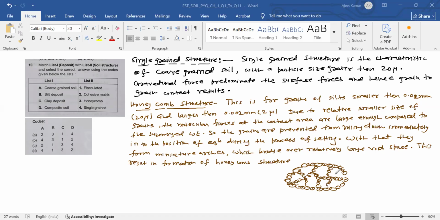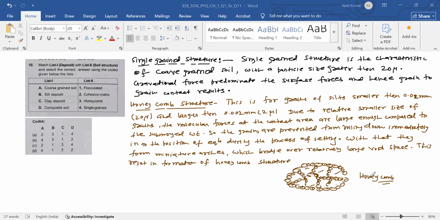There are larger voids, and this is honeycomb structure.